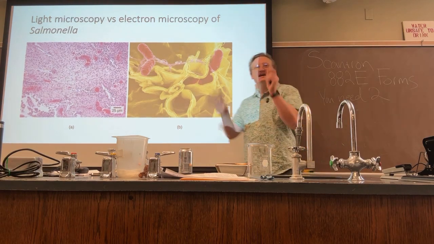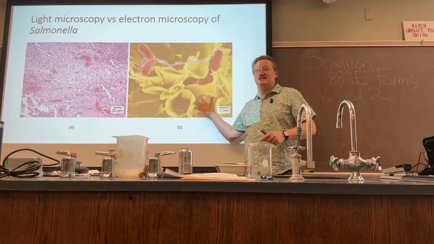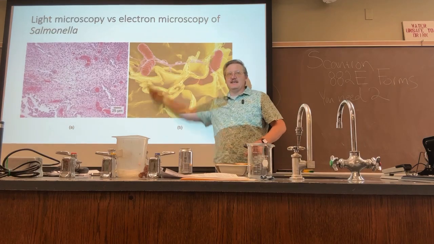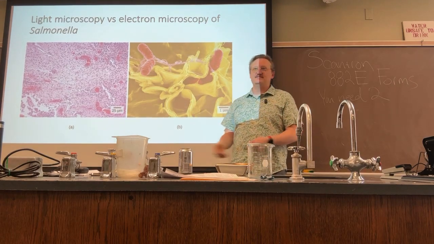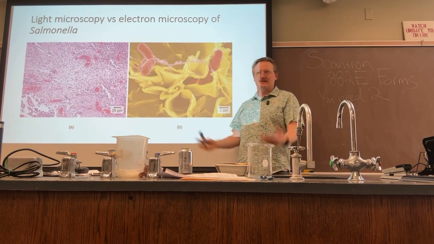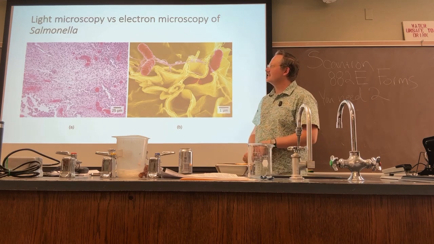You're just looking at scattered patterns of electrons that bombarded a sample. So if you see an electron microscopy image with color, it has been colorized. Somebody photoshopped it to give it color, to give a better idea, to give contrast, so you can see what was going on here.